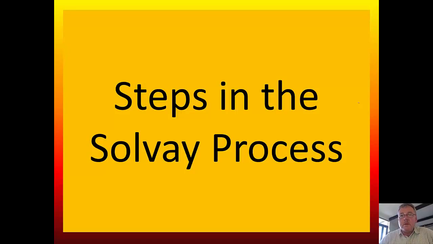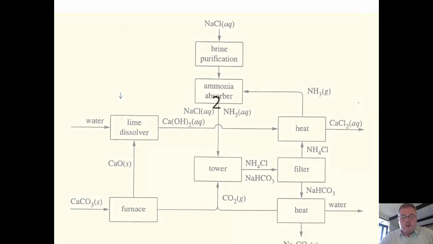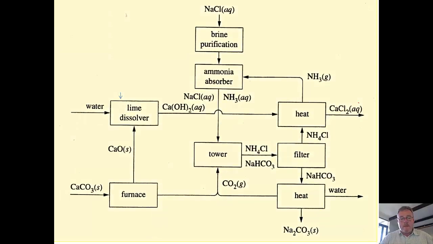So the steps. Now this next diagram looks quite difficult, but there are steps involved in this. We start off, and you can see here we have one of our raw materials. We have another over here, calcium carbonate, and we have ammonia coming in from our Haber process.